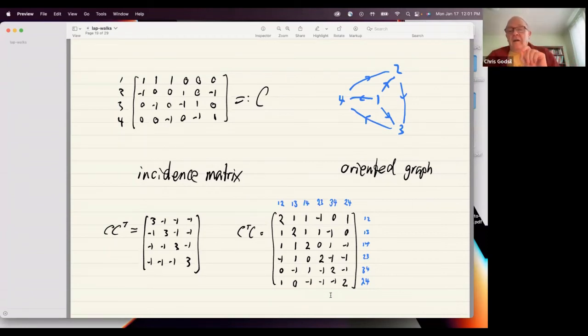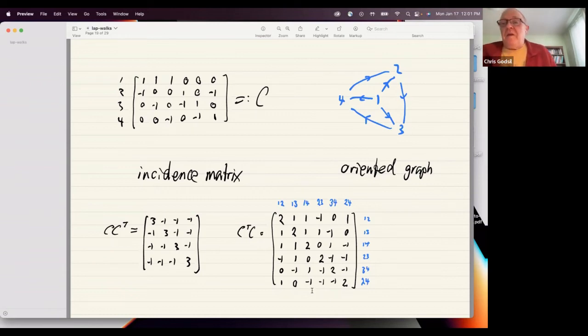Now, the underlying unsigned matrix, if I left off the signs, would just be the line graph of K4. If you take the unsigned incidence matrix, call it B, then B transpose B is 2I plus the adjacency matrix of the line graph.